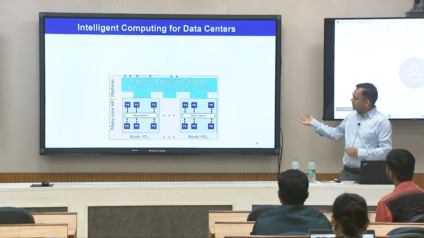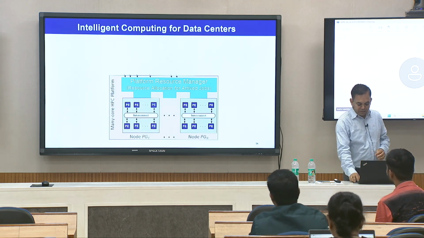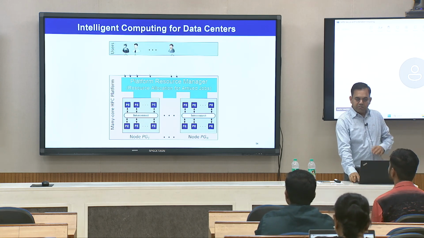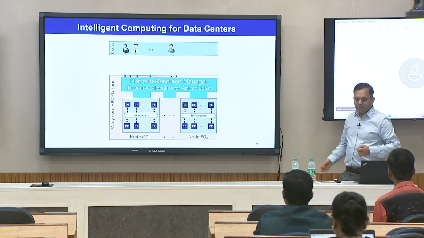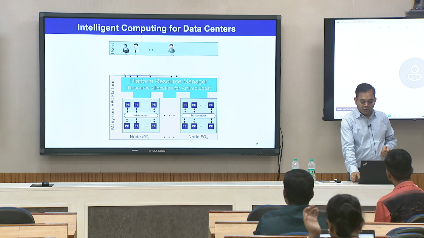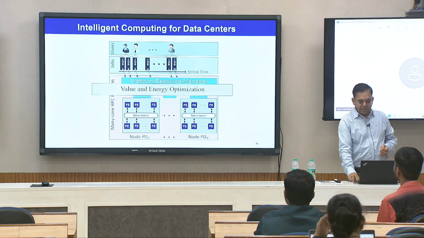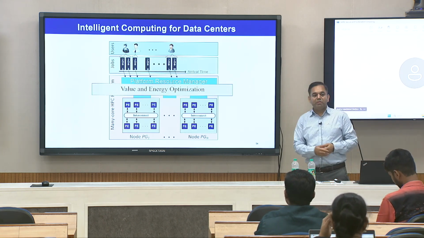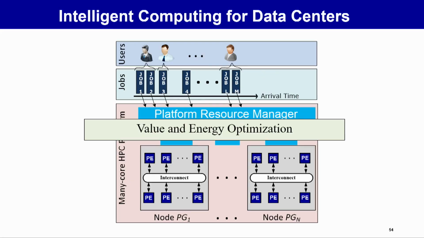Similarly for data centers, I think we have seen this, so we can be quick. You can have the data center environment with different users across the globe submitting their jobs, and you can try to optimize value and energy consumption. Like I said, value is the money, the profit for the data centers.